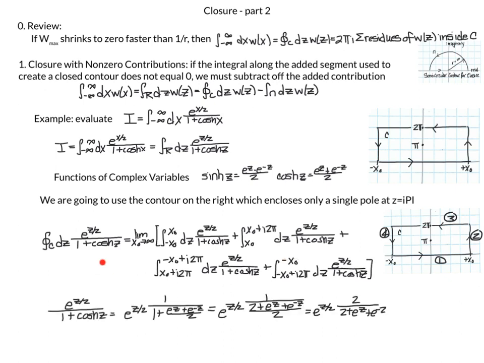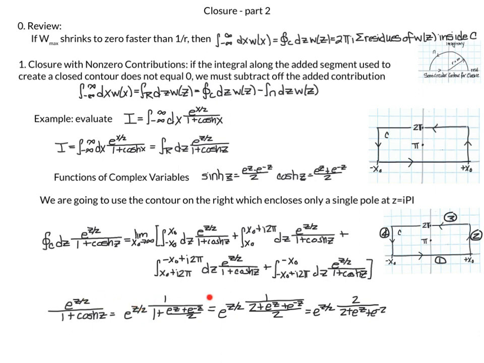The next step is to take the function I am integrating, e to the z over 2 over 1 plus cosh z, and for cosh z, I'm going to plug in my formula here to express cosh z in terms of the exponential form. So I'm going to factor out my e to the z over 2, that's in my numerator.